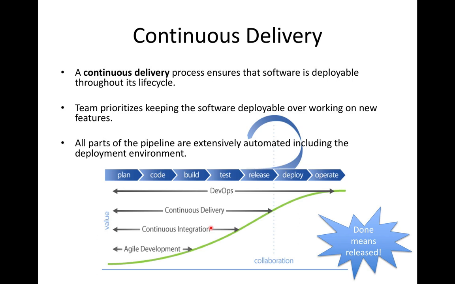Continuous delivery takes this one step further. Continuous delivery ensures that not only does our software work in the sense that it's tested, but our software can be released. Our software is in a state where at any given point in time, we can release it to a production environment.